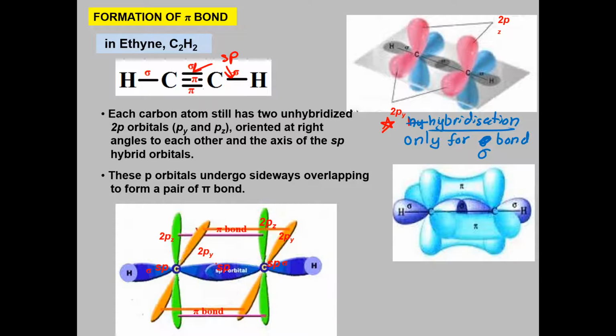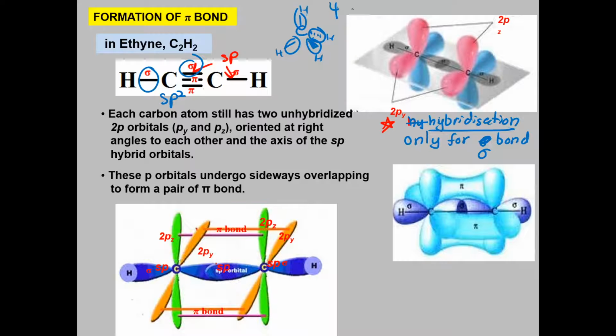So you nak tahu, a simple way untuk nak tahu whether hybridization dia apa is you count dia punya sigma bond. So kalau macam carbon ni, you have one sigma bond, you have two sigma bond, so it is sp2. Okay, kalau it is macam tadi methane, we have one sigma bond, two sigma bond, three sigma bond, four sigma bond.